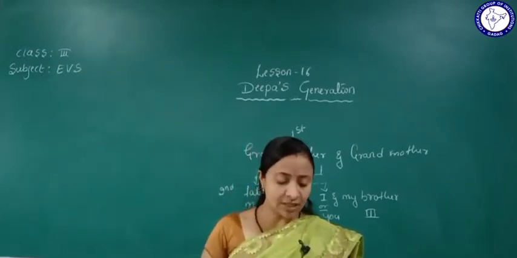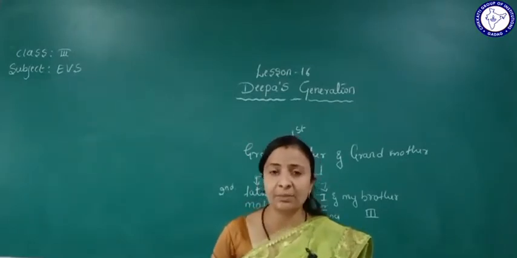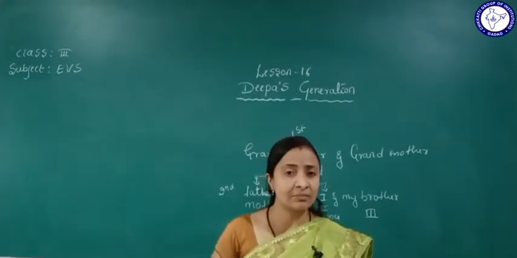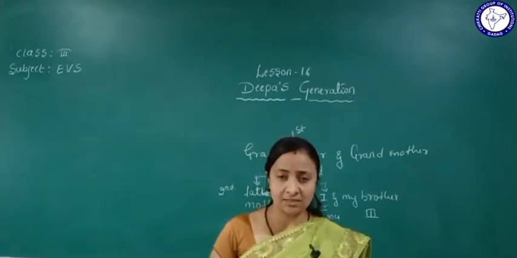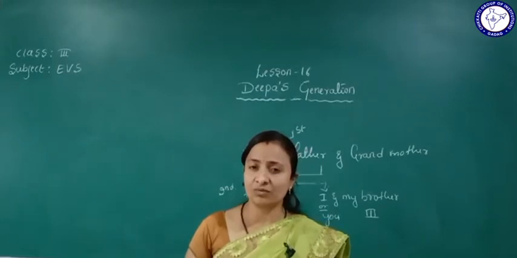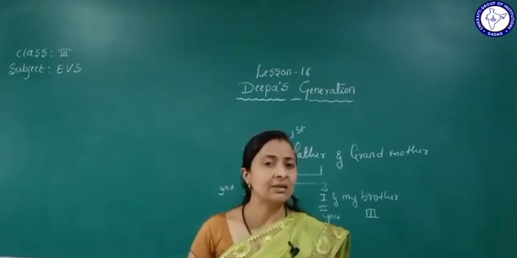The function is a naming ceremony. When a child is born, we give the name to that child. We celebrate it as a function that we call a naming ceremony.